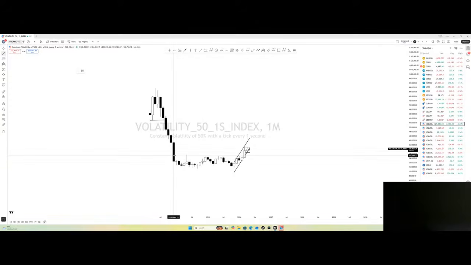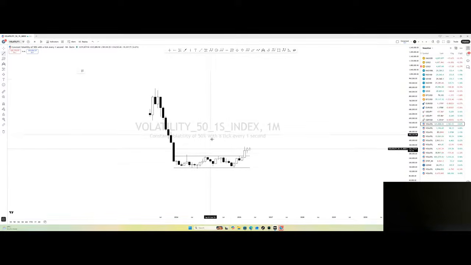Price started consolidating within this range here. Price has been ranging within this until it swept liquidity above that, and price pushed up just like that.